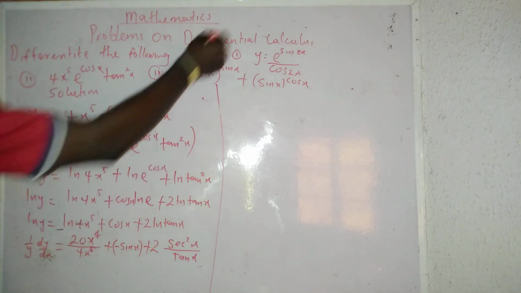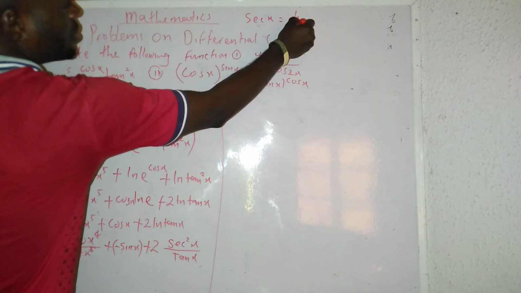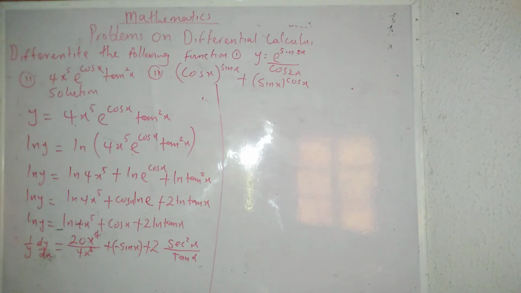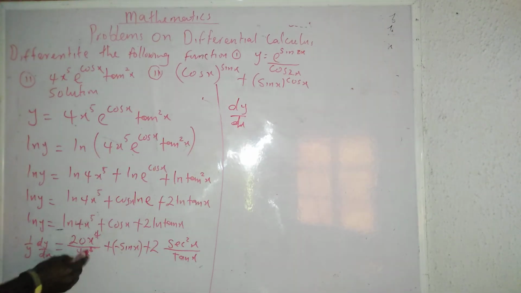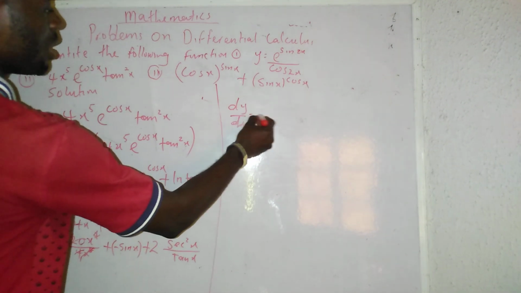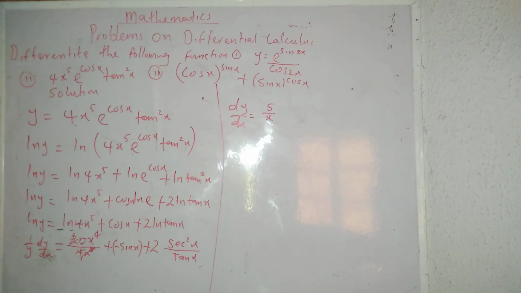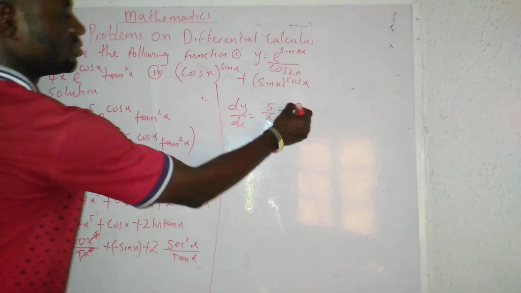Now, sec x is always equal to 1 all over cos x. If that is the case, I can express this as I want. So in dy/dx, this 20 and 4 give 5, and 5 all over x, the x^4 over x^5 cancels leaving 1 here. Now, this one will be minus sine x.